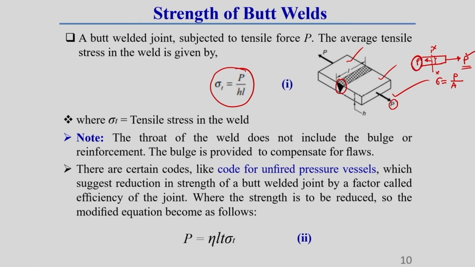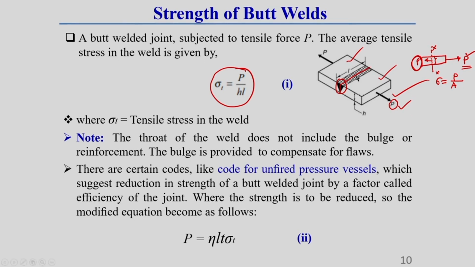Now, to find out the stress in the weld section, what are the things required to do? Here an external force P is applied. In this weld zone, if we take a cross section, what should the cross section be?